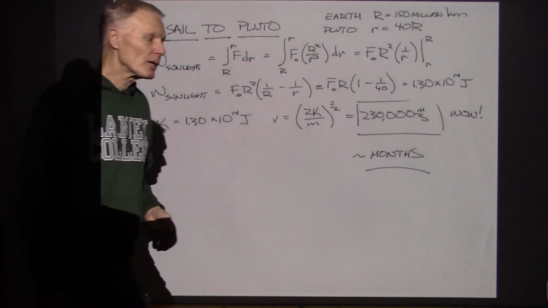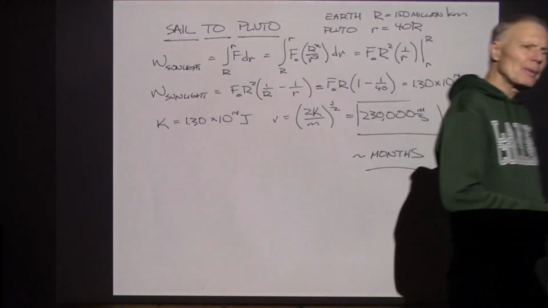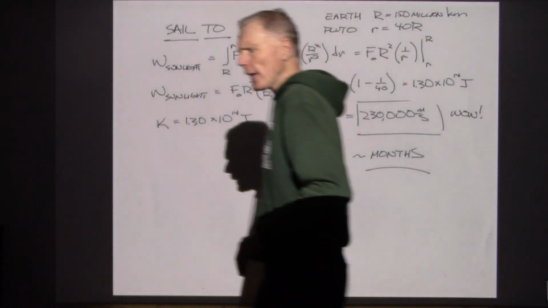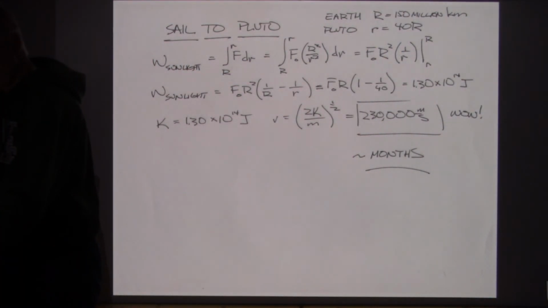Again, the problem here is, how do we get that solar sail built so that it's sturdy and lightweight, so that we can move around the solar system pretty easily? Okay, I think I am going to end right there.